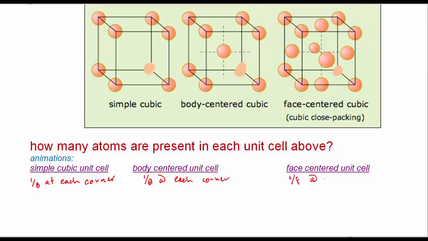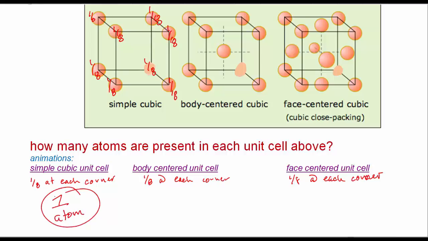One-eighth at each corner, because 1/8 of the atom is actually inside the unit cell at each corner. So if you have 1/8, but there are 8 corners, that means there's just going to be one atom.